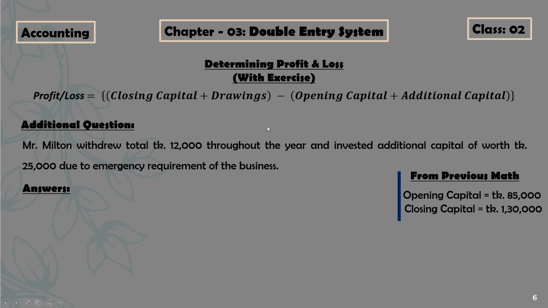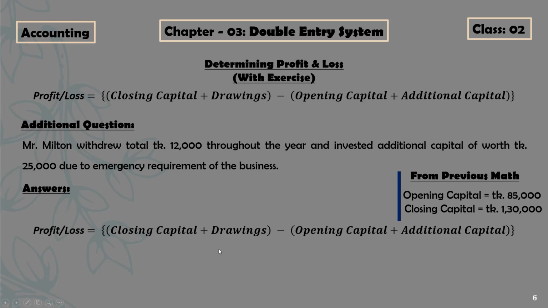We have to put their values in the formula. I attached the formula here so that we can use it. So here is my formula, and we need to plug these values into it.